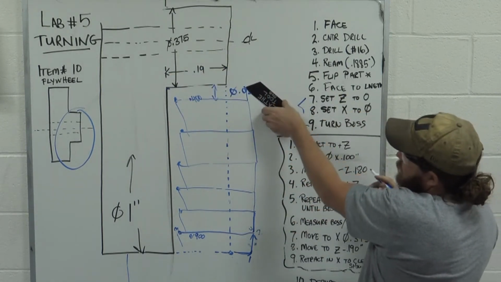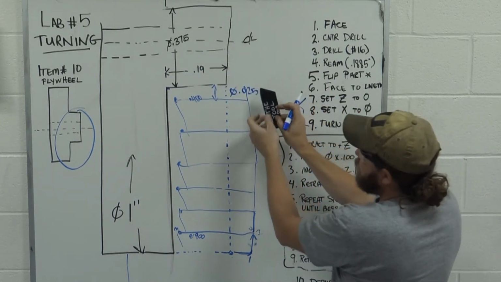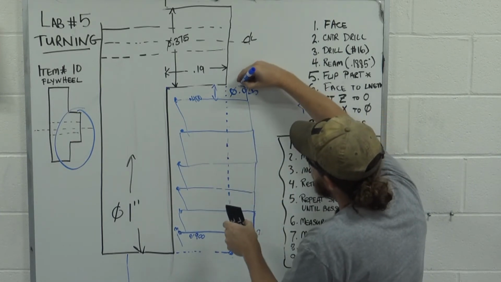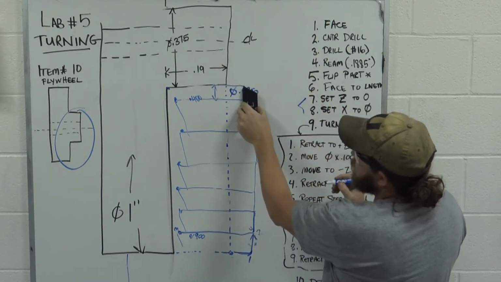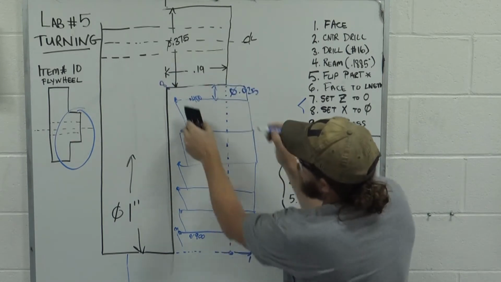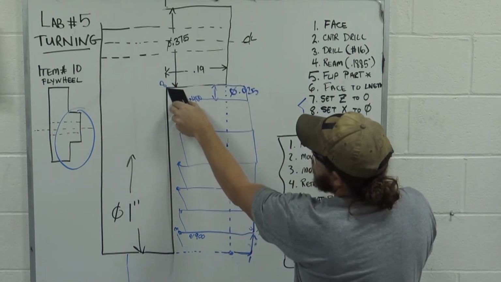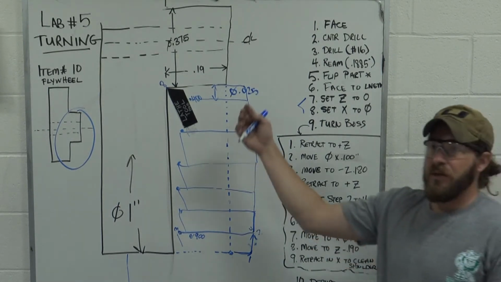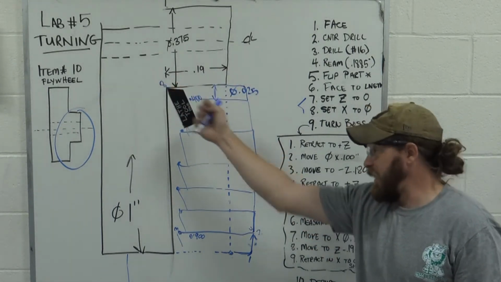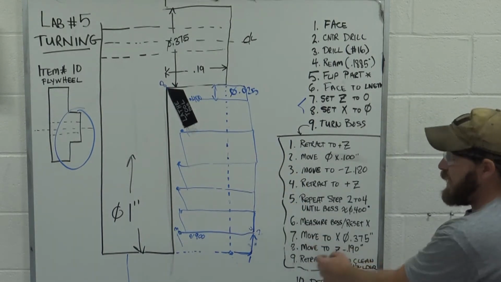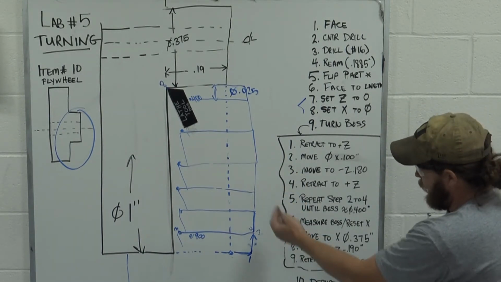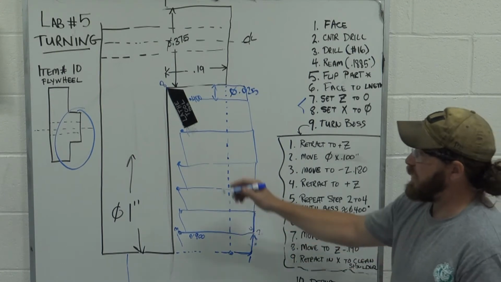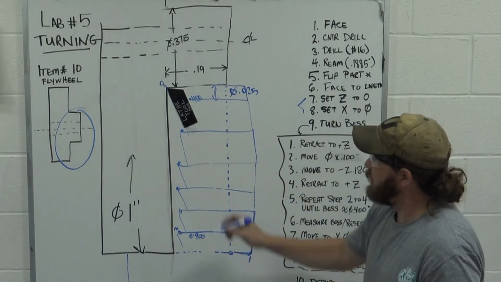Step 8 will lead us right here. All right. We've gone to the full depth to that 190. And then step number 9 is we're going to retract in our X until you're clear of the part.